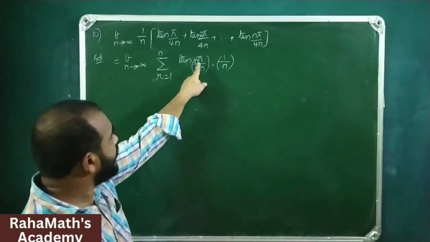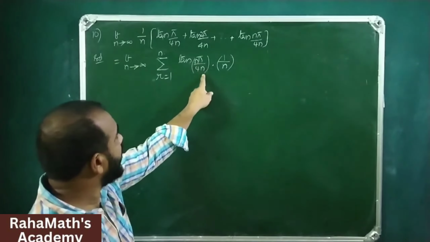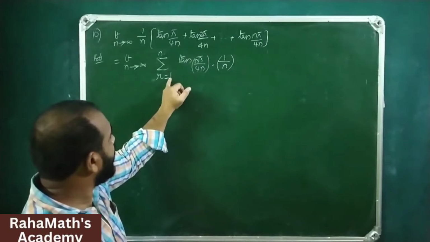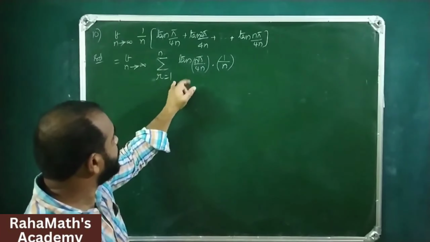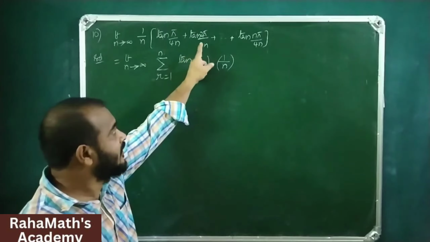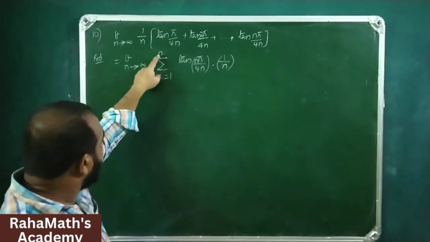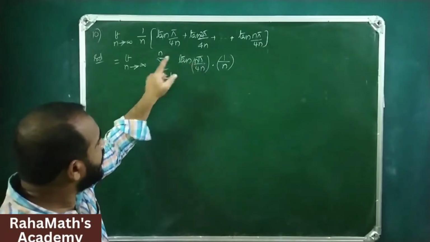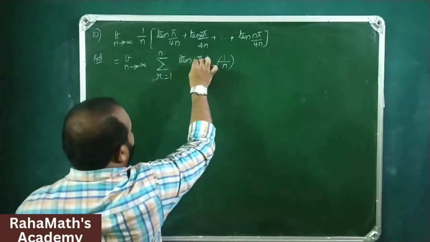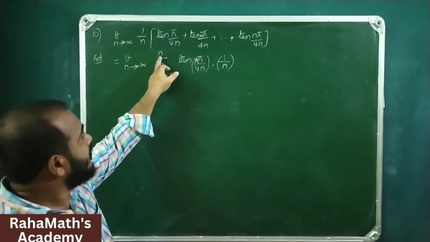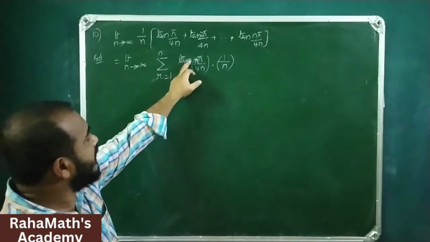First r equals 1, you substitute in that, pi by 4n. Sigma means plus. After r equals 1, r equals 2, you substitute tan 2 pi by 4n, and so on. The last term r is to be replaced with n pi by 4n.